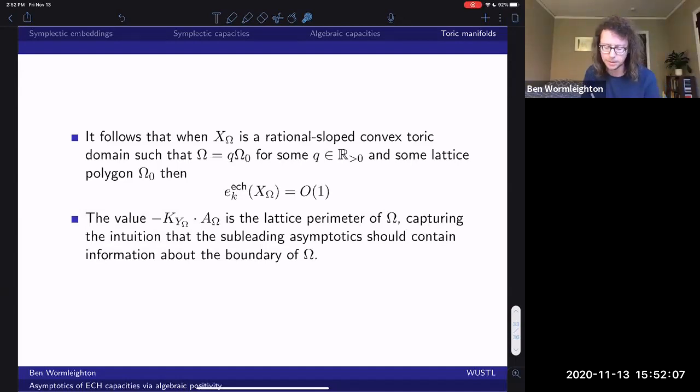I think in Michael's papers he refers to this as the affine length. So this would be the affine perimeter. And so this captures the intuition that Dan Christopher Gardner often talks about, that subleading asymptotics should contain information about the boundary of omega, and this gets refined in this context.